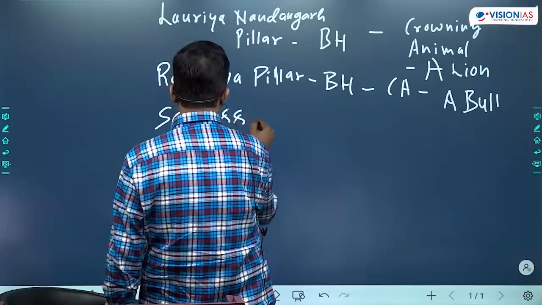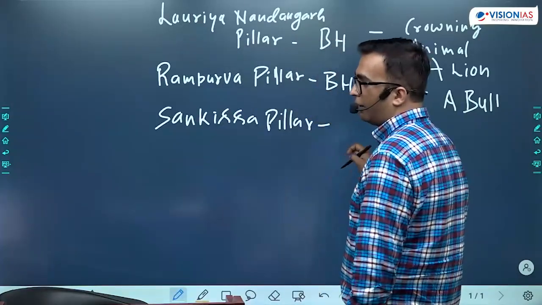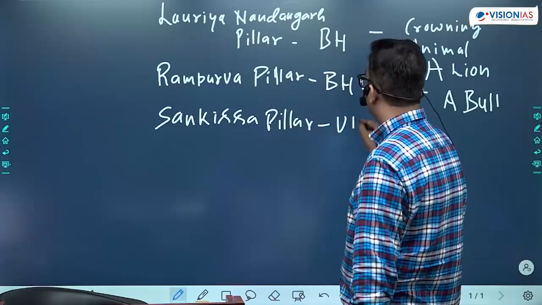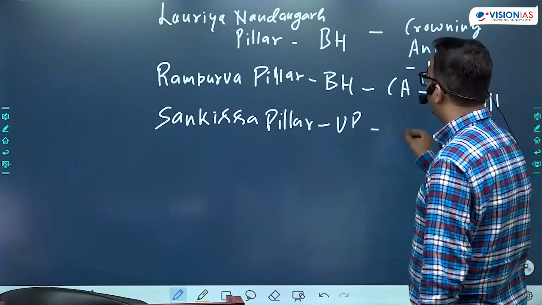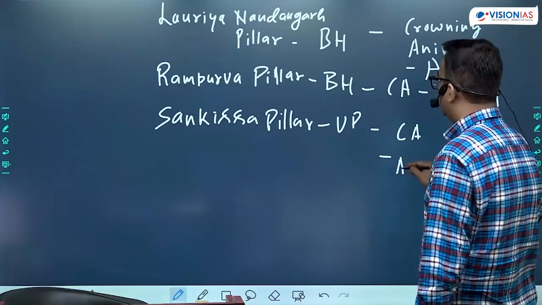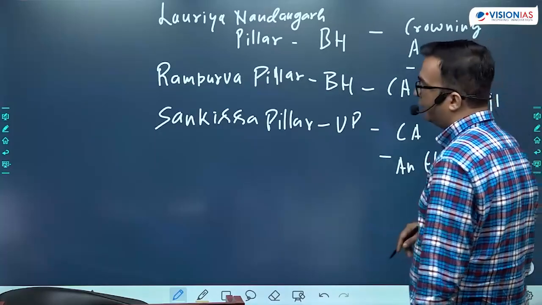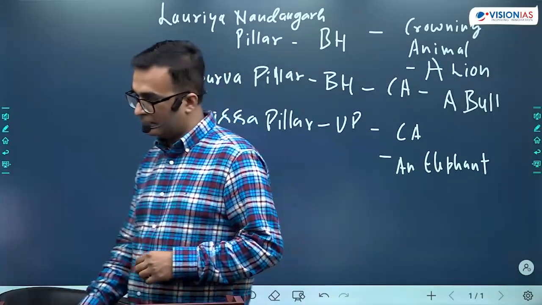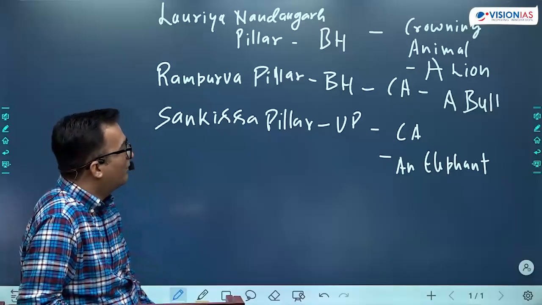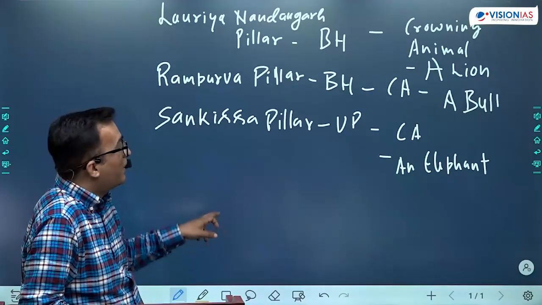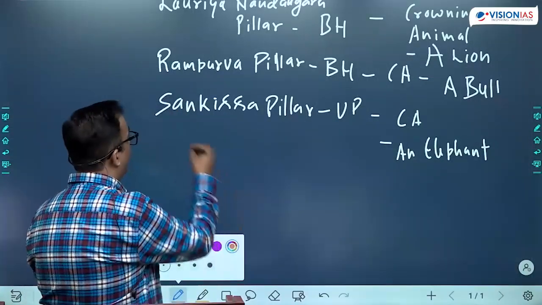Sankisa pillar. Where? UP, Farrukhabad district of UP. Okay? And then the crowning animal is an elephant. Then the last example you mention, and then we'll have a little bit of discussion.